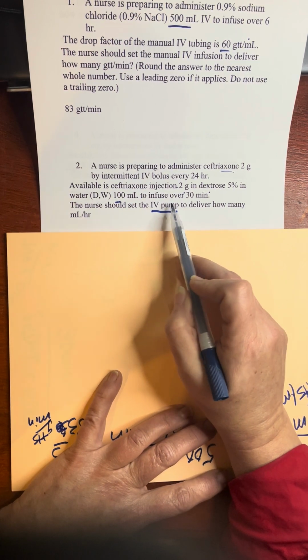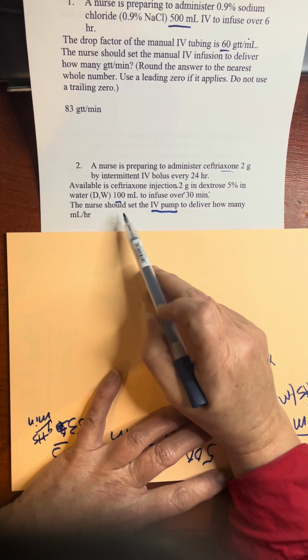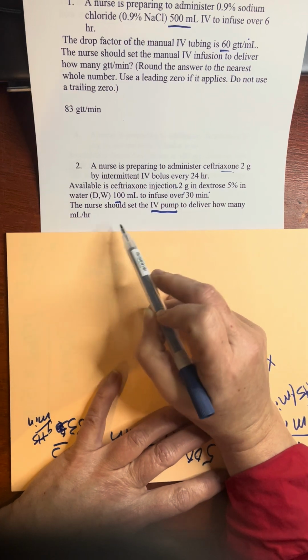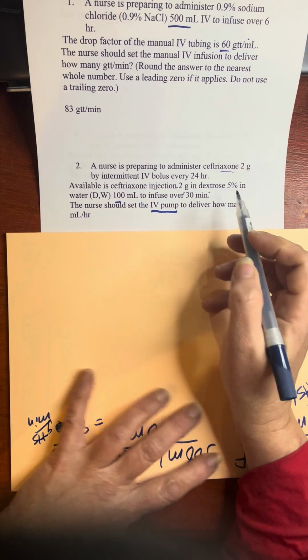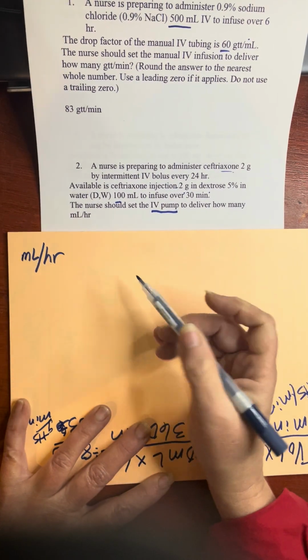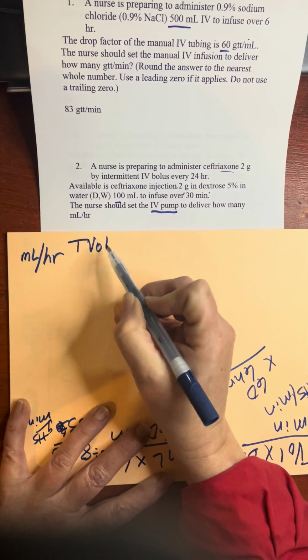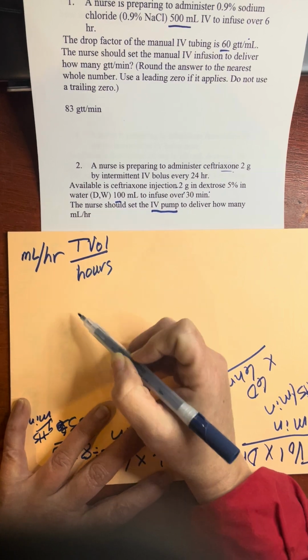And it's to infuse over 30 minutes. The nurse should set the IV pump at how many milliliters per hour? When it says the IV pump, you have to know that's a milliliters per hour problem. And the formula for that is the total volume divided by the time in hours.